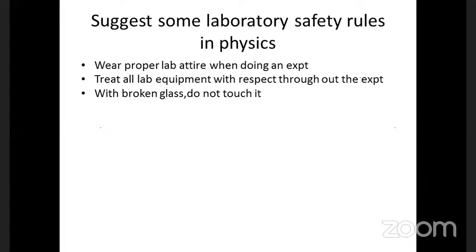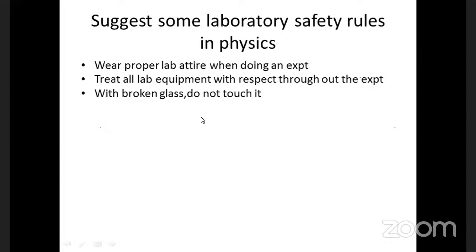Who can mention? To clean it up with lab gloves. Glove. It is very good.